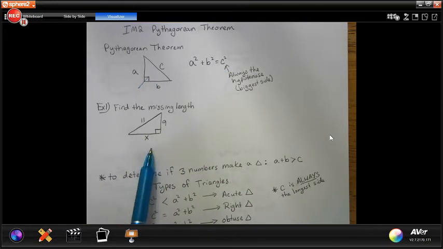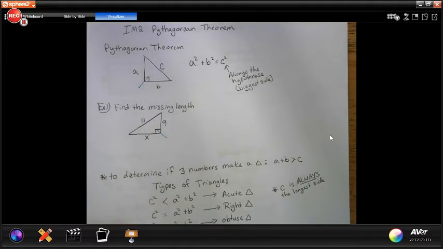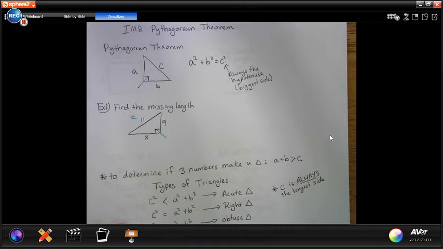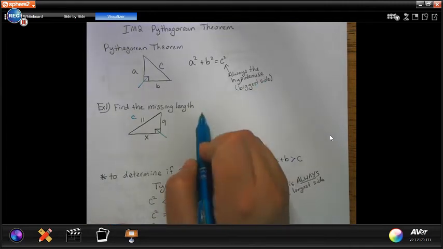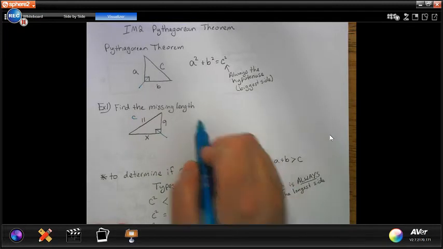Example 1 here, we have a triangle. And it would help to know what our C is. If you look, the right angle is an arrow that points to C. That means this is your C, and these two are A and B. It doesn't matter the order of A and B, as long as you know that this is C. So I have a squared plus b squared equals c squared.